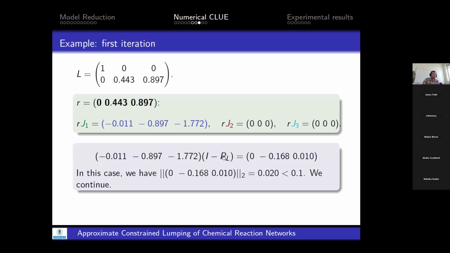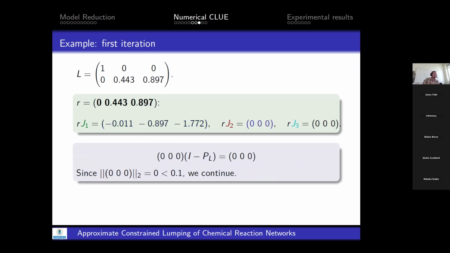We compute the orthogonal projection, the difference with the vector, and we get this result over here, 0, minus 0.168, and 0.010. Okay, we check the norm of this vector. It's smaller than 0.1, so we do nothing. We keep moving forward. The 0, as before, is in the space. We do nothing, and the same happened with this last vector.